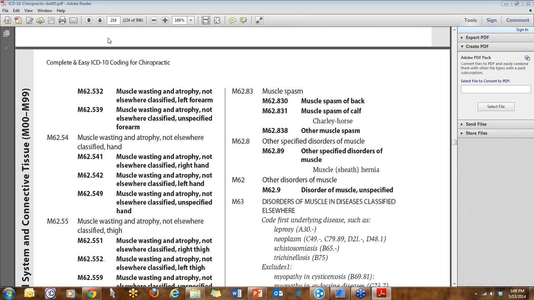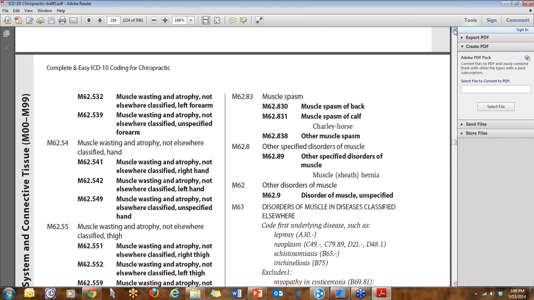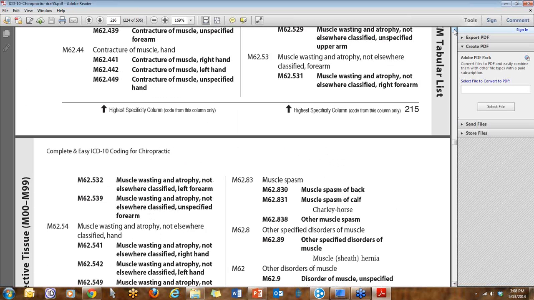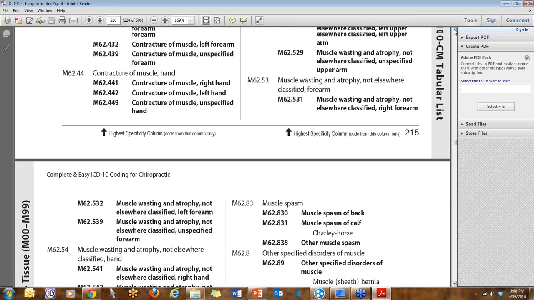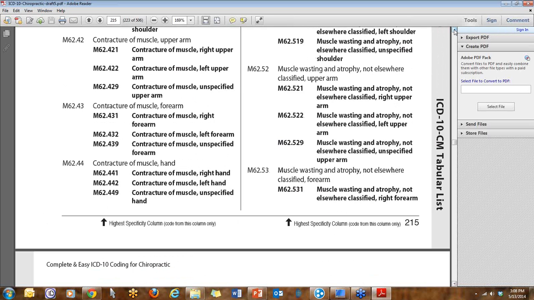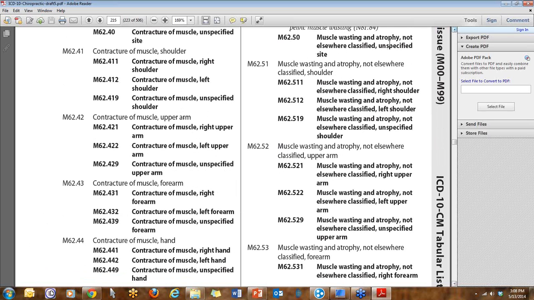Okay, so let's try to find that. That's going to be a contracture of the muscle. Now, it's not going to list the specific muscle, but we can find arm, forearm.